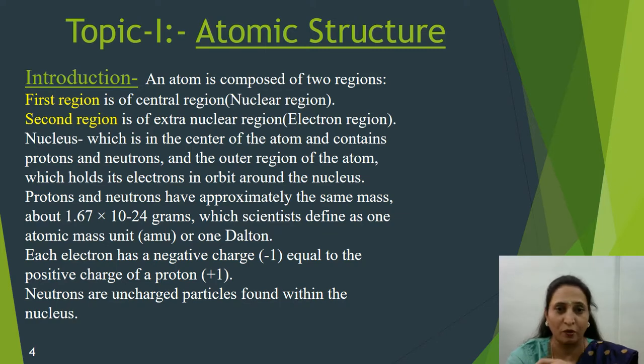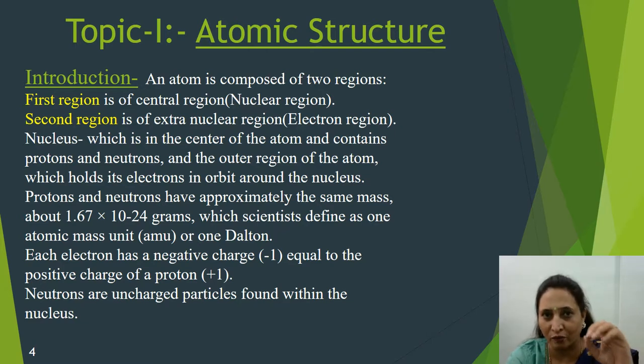Now these protons and neutrons which are present in the nucleus have approximately the same mass, that is 1.67 into 10 raised to minus 24 grams. Scientists define this mass as 1 AMU or 1 Dalton. Each proton has positive 1 charge, each electron has minus 1 charge, and neutrons are electrically neutral.